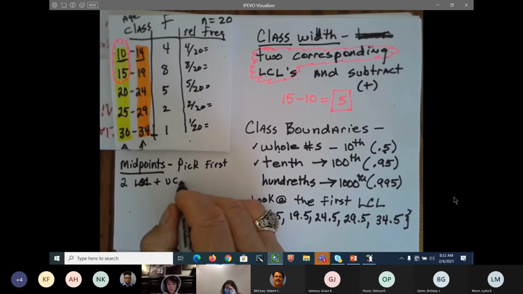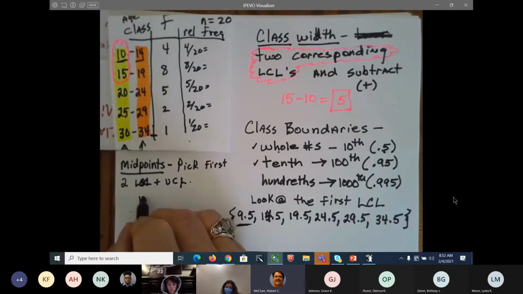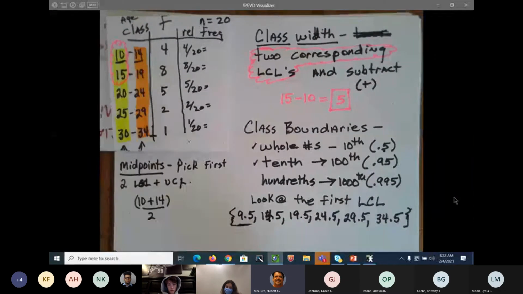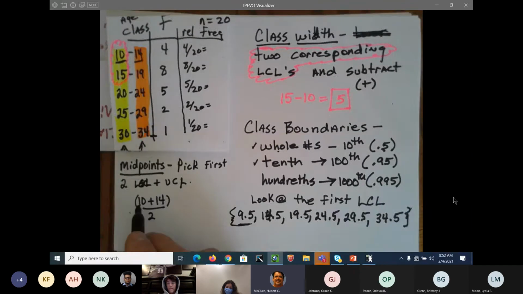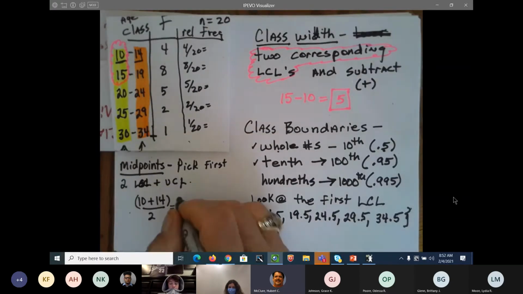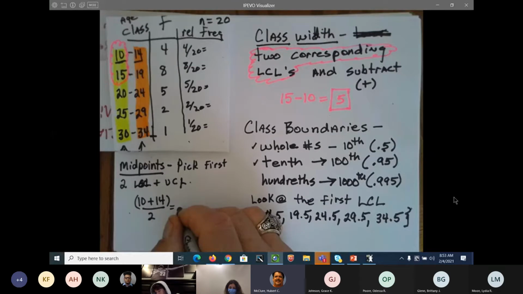And that will be 10 plus 14 and divide by 2. You take your first one and your second one, you take your lower class limit and your first upper class limit, and you add them together. This is called midpoint. Y'all should remember this from algebra. And you add them together, and that's going to be 24 divided by 2 is 12, right?